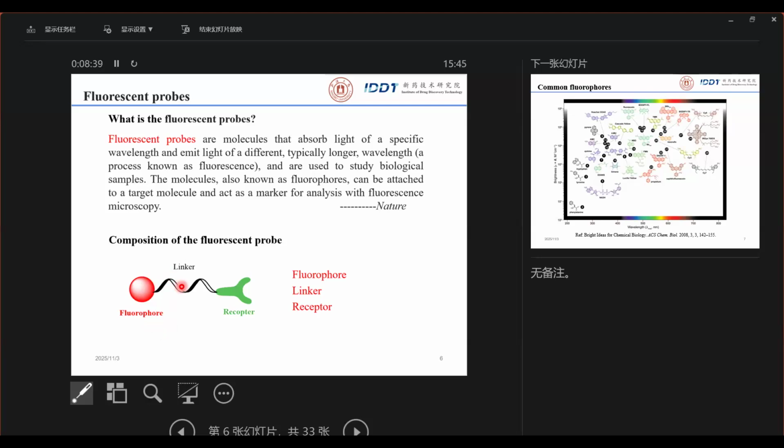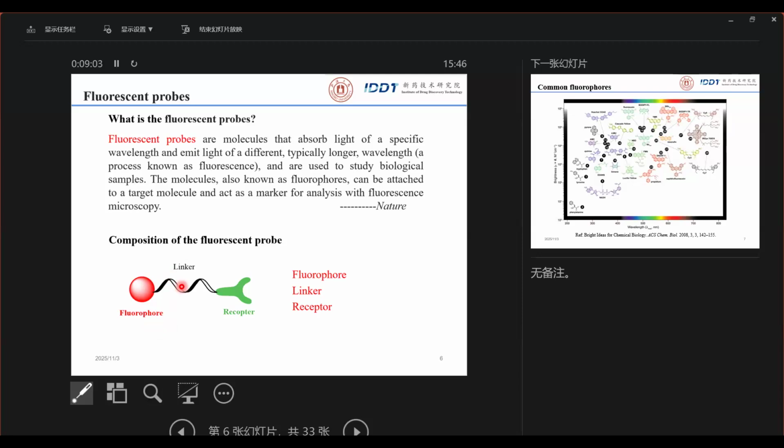For example, in cancer cells or inflammation in diseases, there are some enzymes, ROS (reactive oxygen species), or GSH, which are increased or overexpressed in the body or in cells.